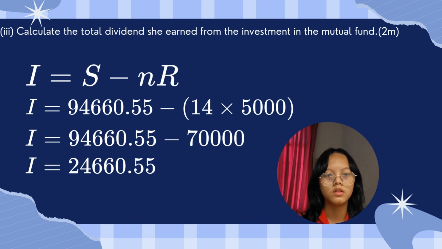By solving n multiplied by R, we got the answer of 70,000. So 94,660 and 55 cents minus 70,000 equals 24,660 and 55 cents.